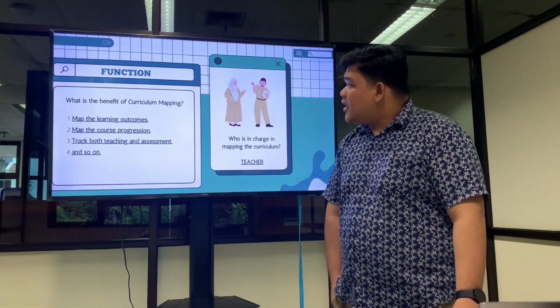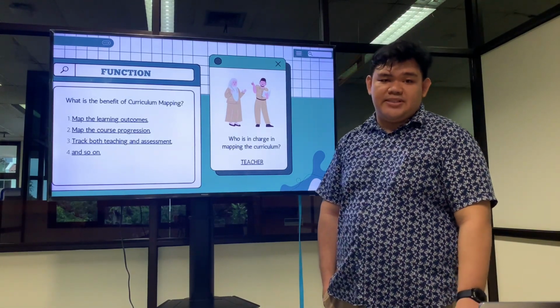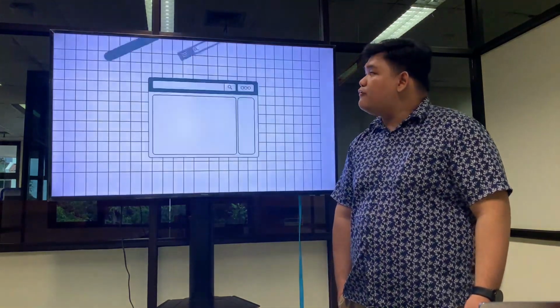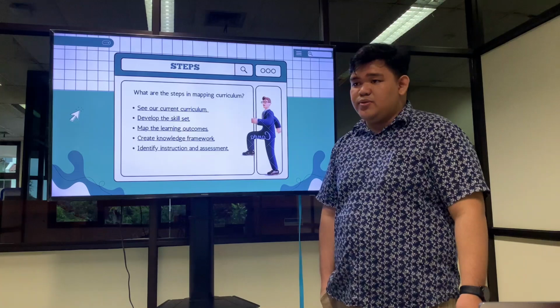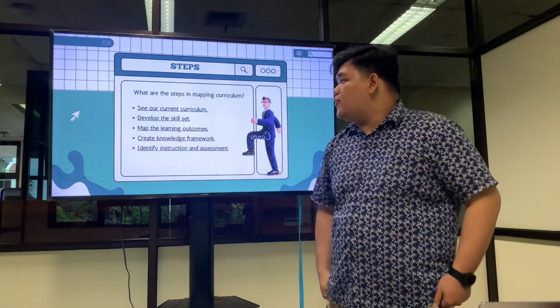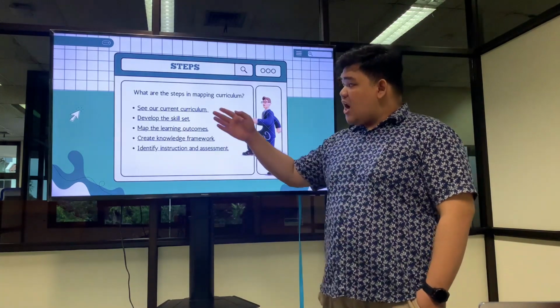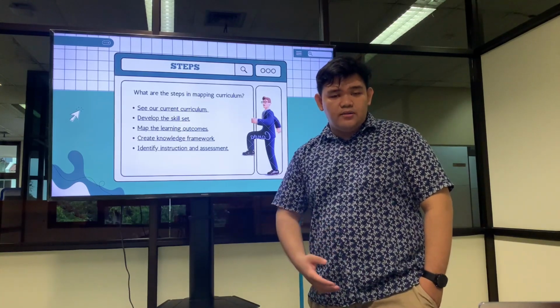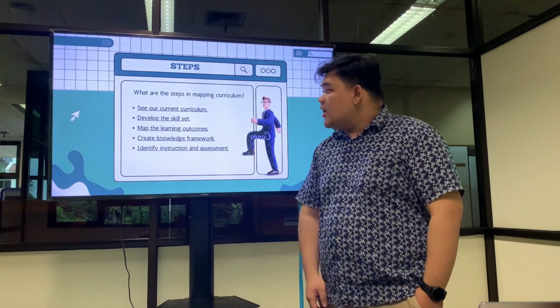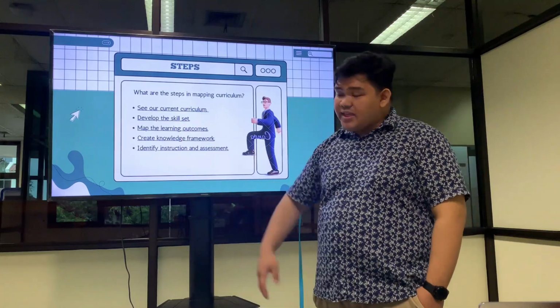And then next we have the steps, guys. Steps of curriculum mapping. Actually, this is a bit complicated, but I will try to simplify it for you guys. The first one is to see our current curriculum and then review whether it is still relevant or not with our current condition. And then the second is develop the skill set.